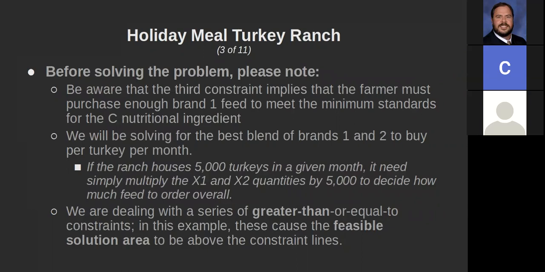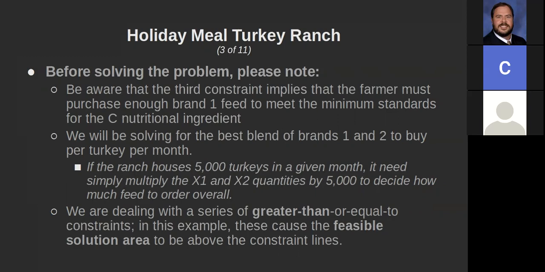Prior to solving the problem, you'll need to remember that the third constraint implies that the farmer has to purchase enough of brand 1 feed to meet the minimum standards for the C nutritional ingredient. So this will need to be taken into consideration.